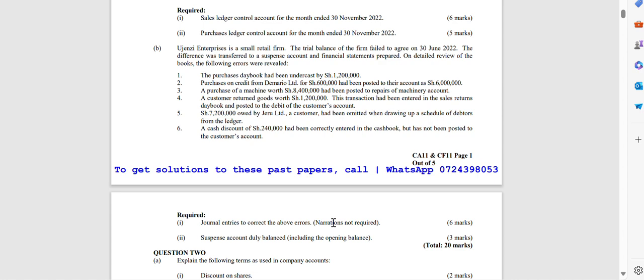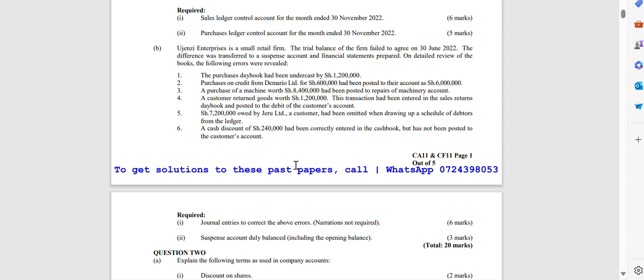So in most cases, when you are provided with the opening balance, you will be told whether it was a debit balance or a credit balance. So if it was a debit balance, you open a suspense account and you record it on the debit side. If it was a credit balance, you open a suspense account and you record it on the credit side. Are you together? But this particular question, we don't have the opening balance. We are supposed to get the opening balance.